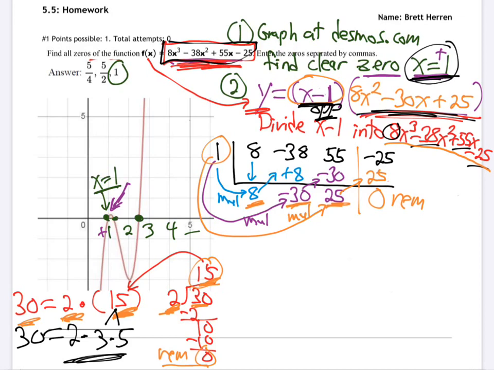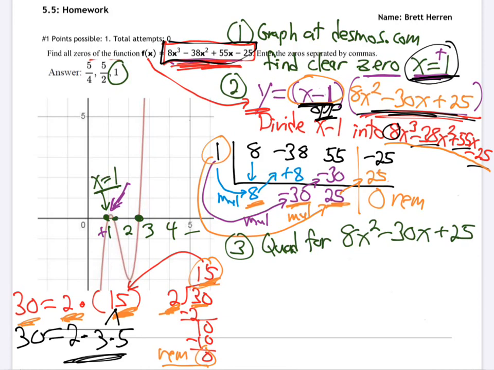Well, that's exactly what we're going to do here now on step 3. Step 3 is use the quad or factor for the 8x squared minus 30x plus 25.